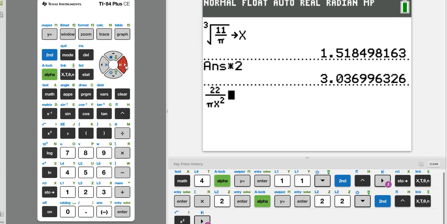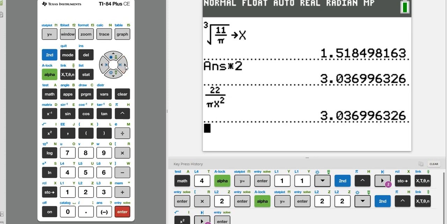Basically, I'm trying to see who's able to get this number. Are you getting a similar number there? No? No one's got that? Has anyone got that? I have the same thing. Yeah, you should get the exact same thing. So it's interesting. Basically, the diameter and the height are the same.